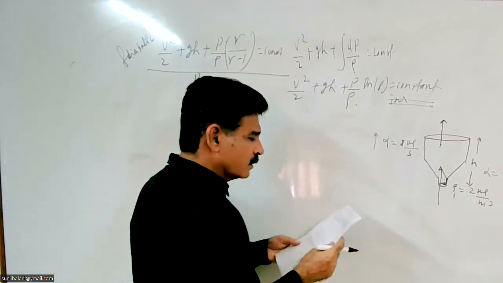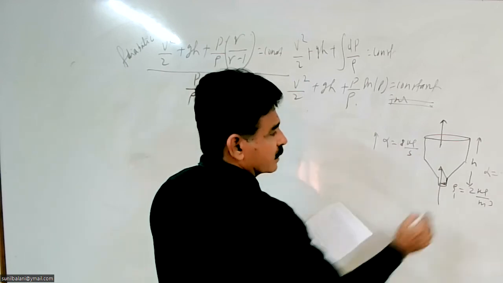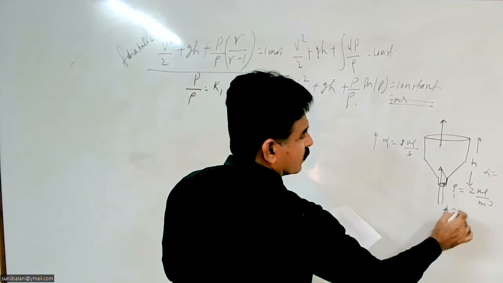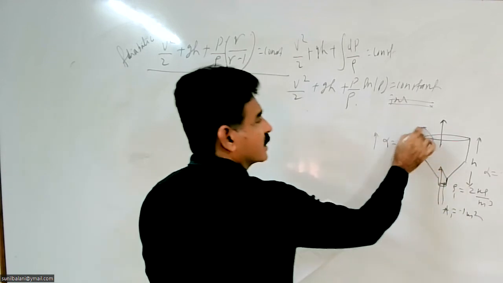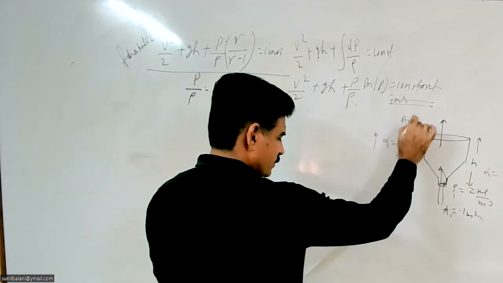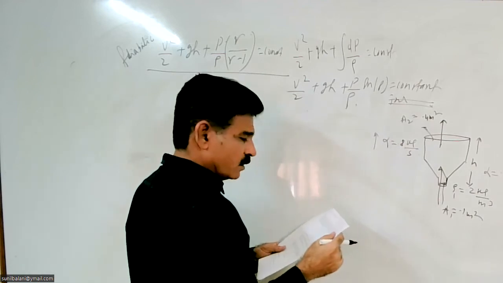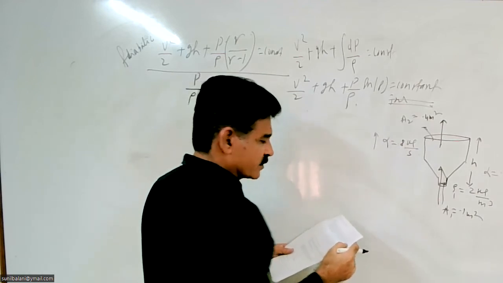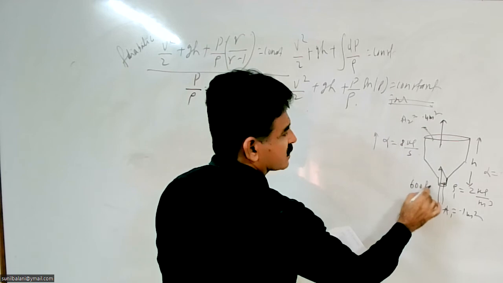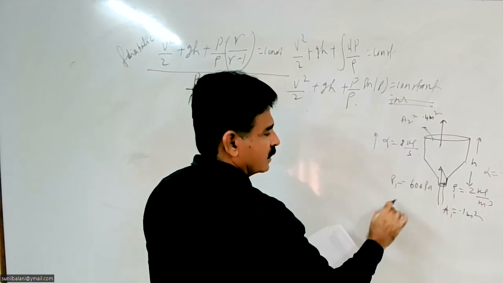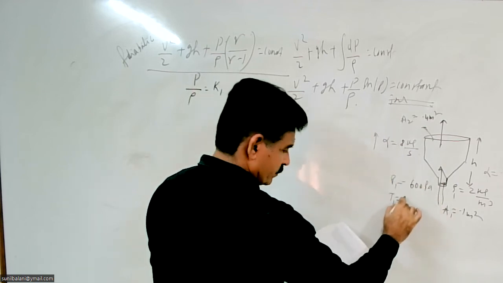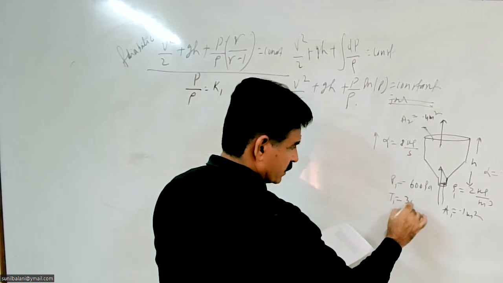What else is given? Area A1 here is given as 0.1 meter square, and the area out here, A2, is given as 0.4 meter square. The pressure here is 600 Pascal at T1, and the temperature T1 is equal to 300 Kelvin.